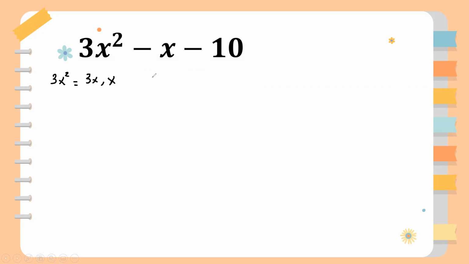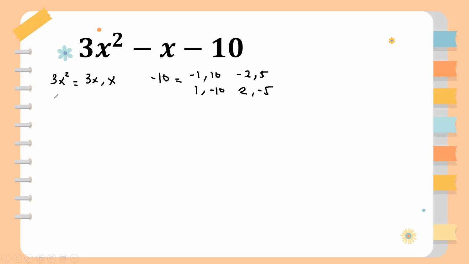Then, for the last term, meron tayong negative 10. Kukunin natin yung dalawang factors. So, we have negative 1 times positive 10. Positive 1 times negative 10. Negative 2 times positive 5, or positive 2 times negative 5. Yeah. So that's the factors of negative 10.